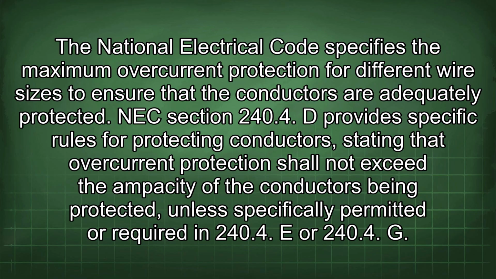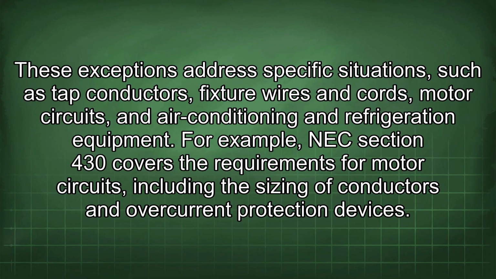NEC Section 240.4(D) provides specific rules for protecting conductors, stating that overcurrent protection shall not exceed the ampacity of the conductors being protected, unless specifically permitted or required in 240.4(E) or 240.4(G).